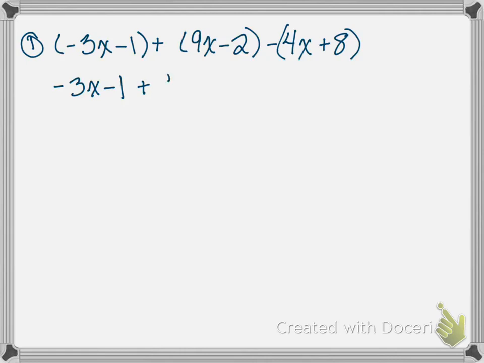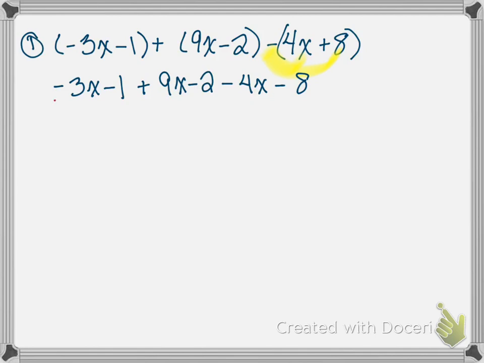The next one is the same. I have 9x minus 2. This one, I've got to distribute my negative. So we've got to be sure that we get that negative to both. So we've got negative 4x and minus 8. So now what we're going to do is combine our like terms.